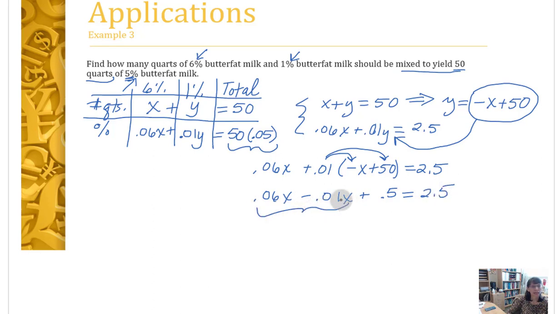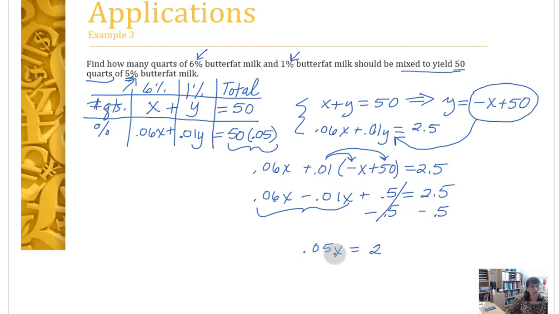Notice we have some like terms to collect on the left, and we'll be subtracting 0.5 from each side of the equation to collect our like terms. 0.06x minus 0.01x leaves us 0.05x, and 2.5 minus 0.5 gives us 2.